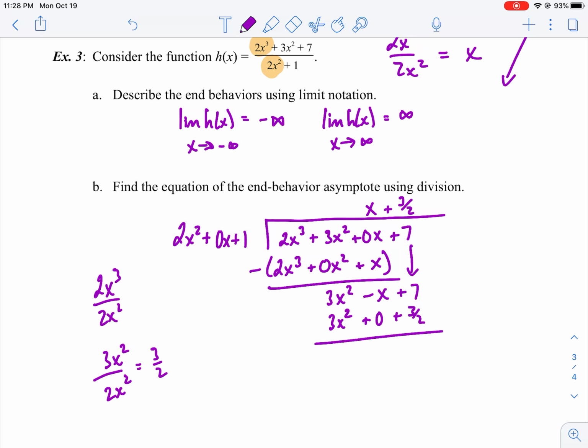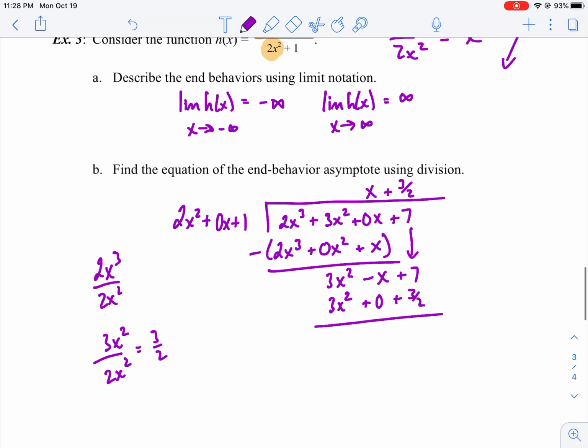And you may be thinking, oh my gosh, this is going to be so disgusting because I have fractions and stuff going on here. But here's the great thing. Everything else is just going to be a remainder down here. Negative x, and then 7 minus 3 halves would be 5 1/2. But again, I can't divide 2x squared into that.